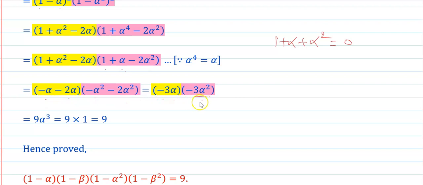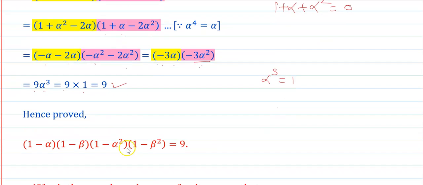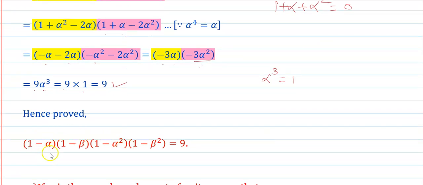Minus and minus multiplication will become plus, that is 9 alpha cube. Alpha cube is 1, and hence 9 into 1 you will get 9. Hence the product (1 minus alpha)(1 minus beta)(1 minus alpha square)(1 minus beta square) equals 9.